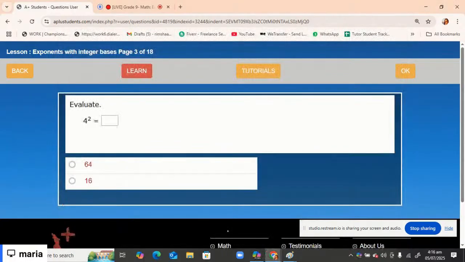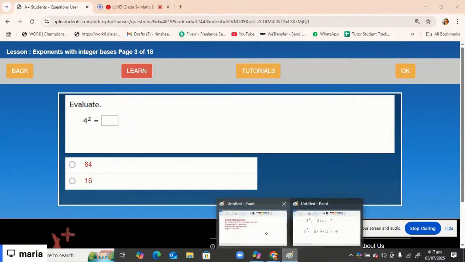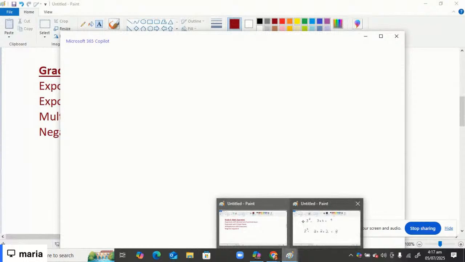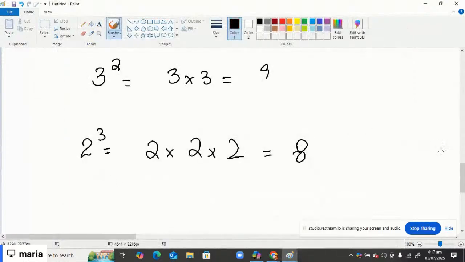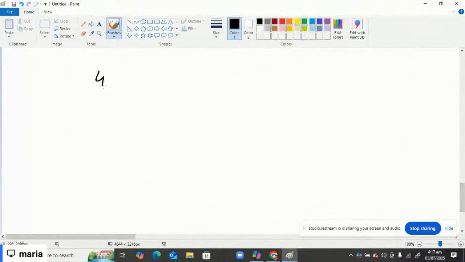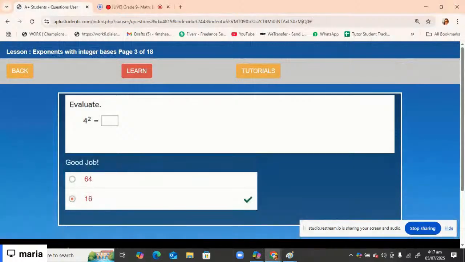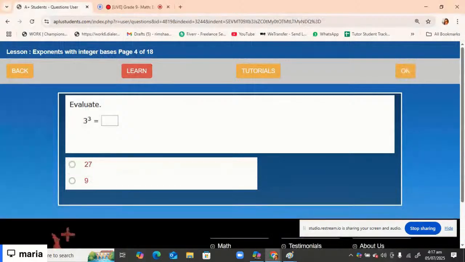Now 4 power 2. How to do it? Let's do 4 power 2. That means 4 times 4. Okay, that is 16. 4 times 4 is 16. And this is also the right answer.